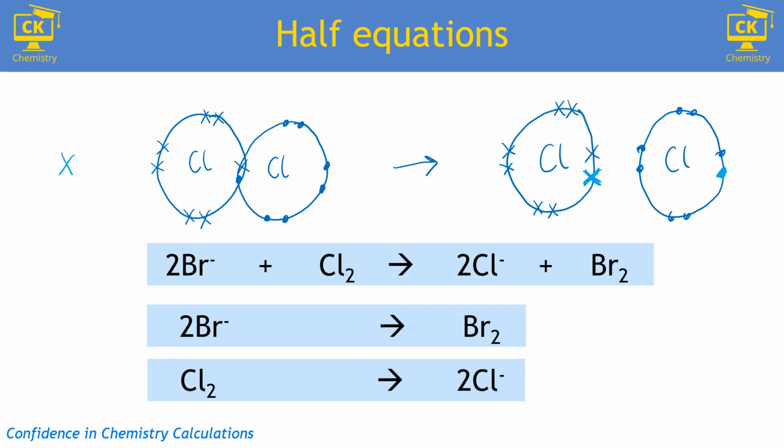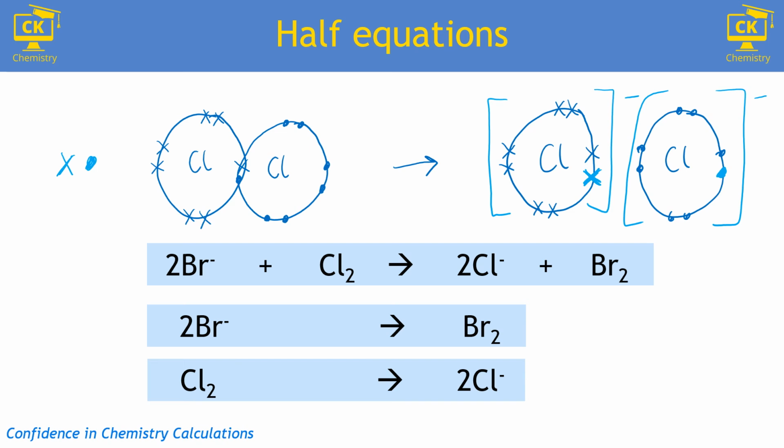So if I was going to balance it, I'd have to write those 2 electrons on the left hand side, so that if we just added everything up, all the dots and crosses, there would be 2 lots of 7 for the chlorine, add 2, so that's 14 plus 2 is 16. And on the right hand side, because I've got 2 ions with their negative charges, they've got 2 lots of 8, so that is also 16 electrons.